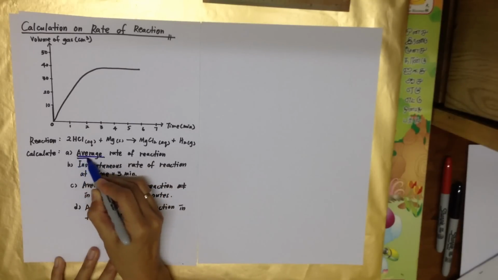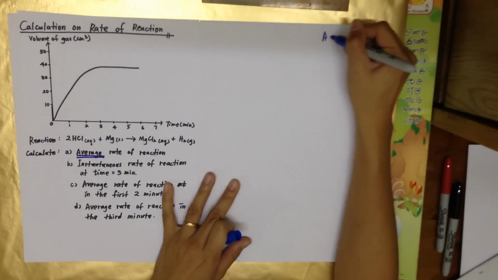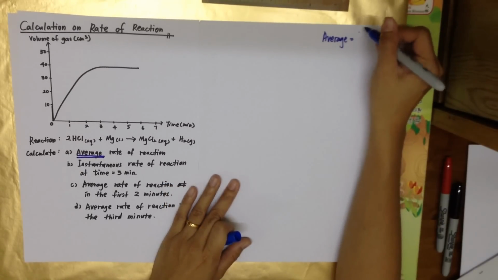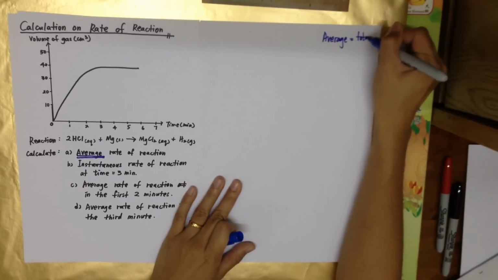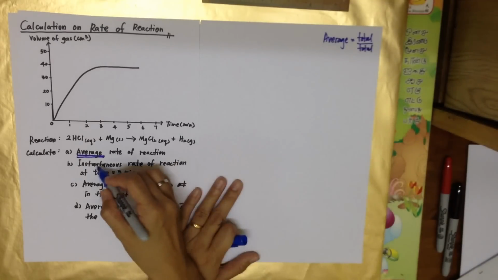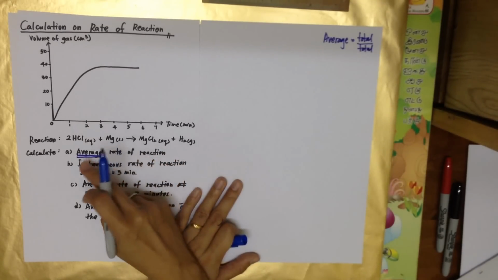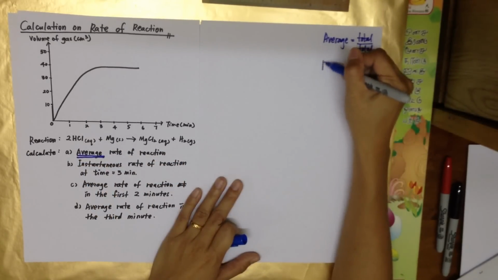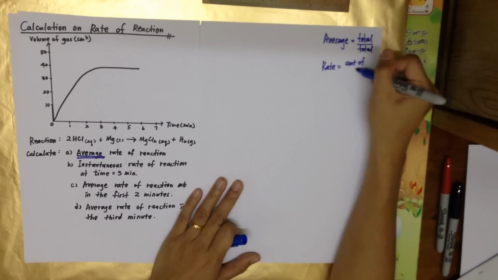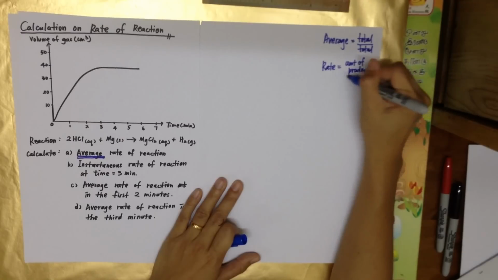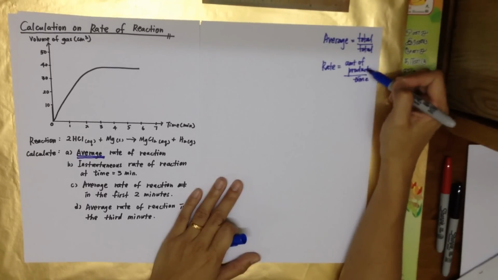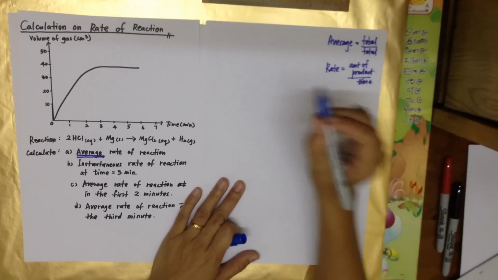When we see the word average, that means the average can always be calculated by a total divided by a total. What it means? It means that if we are calculating average rate of reaction, and since the rate is the amount of product versus time, hence the average rate of reaction will be the total amount of product versus the total time.